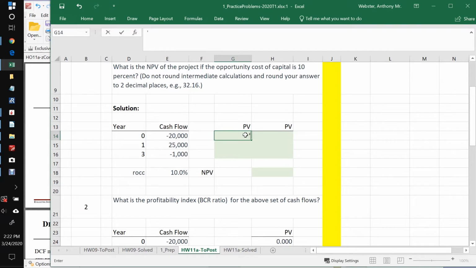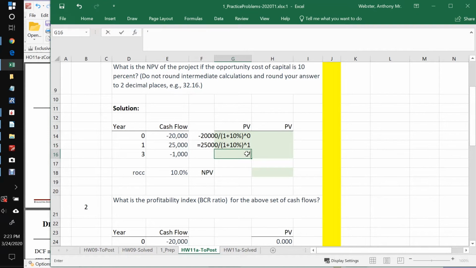It's going to be minus 20,000 divided by 1 plus 10% raised to the 0. I'm discounting it back by 0 time there. Okay, and what have I got here for this one? I'm going to have 25,000 divided by 1 plus my opportunity cost of capital, 10%, and that's coming back by, got to discount that by a year.